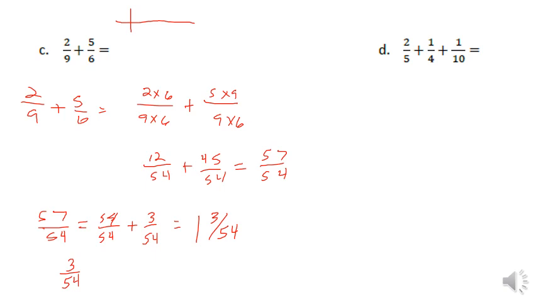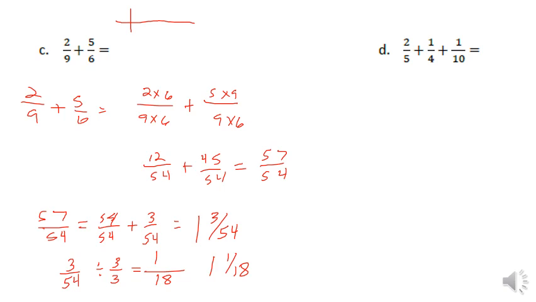So I'm going to divide both sides by 3. And I'm going to end up being 1. And 3 goes into 54 18 times. So it ends up being 1 and 1/18.